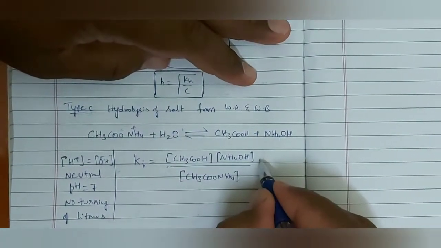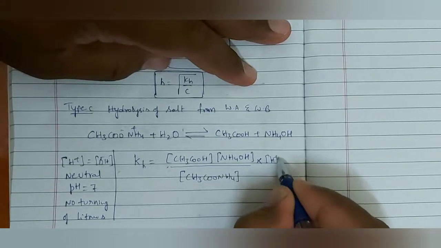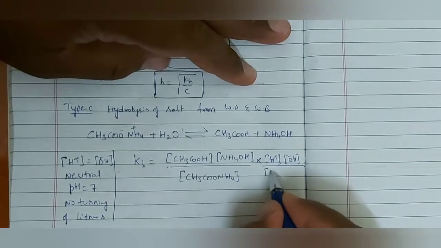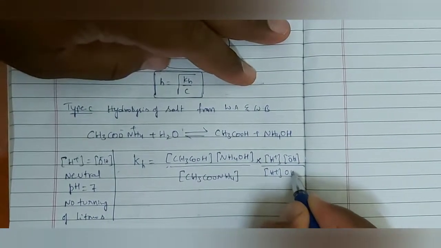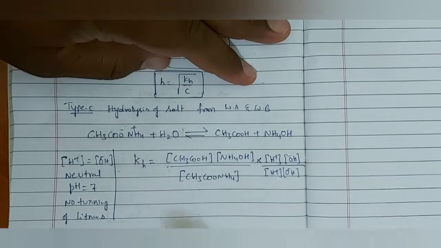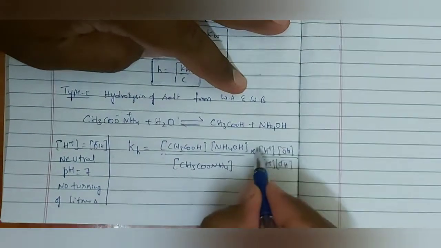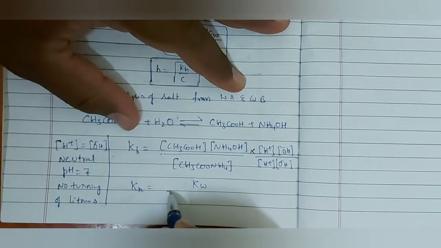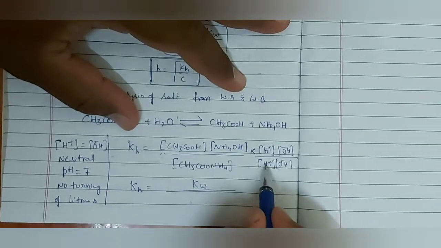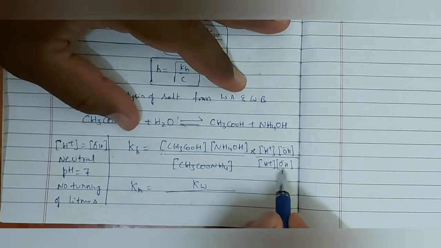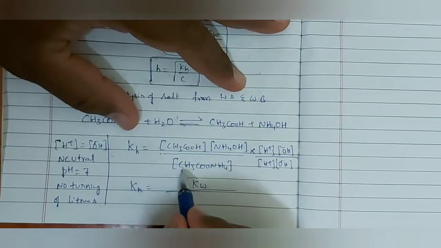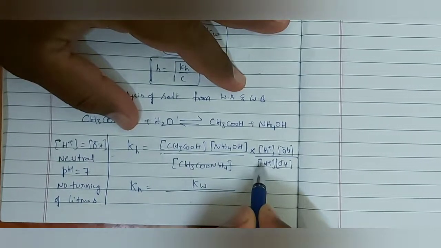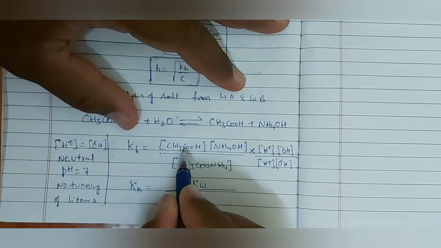What I am doing here is multiplying with concentration of H plus into concentration of OH minus divided by concentration of H plus into concentration of OH minus. This value is called Kw. Kh is equal to Kw divided by, adjusting this H plus here and OH minus here, concentration of CH3COO minus into concentration of H plus divided by concentration of CH3COOH.